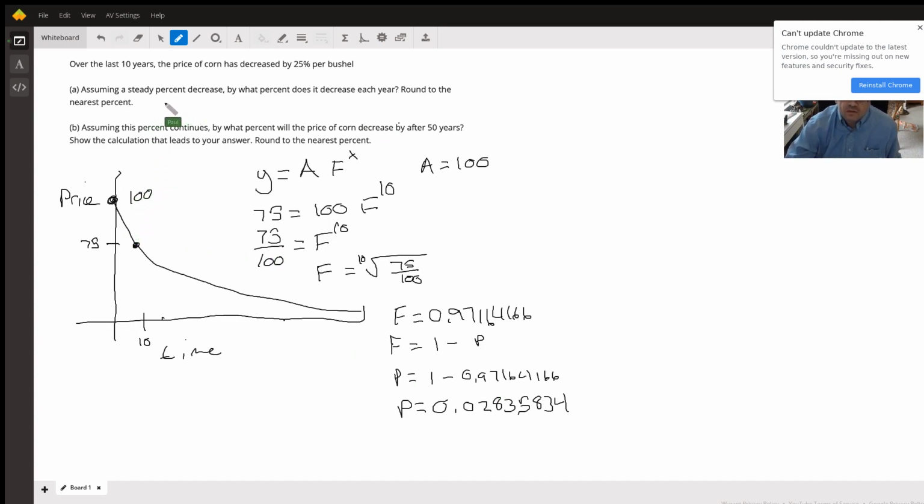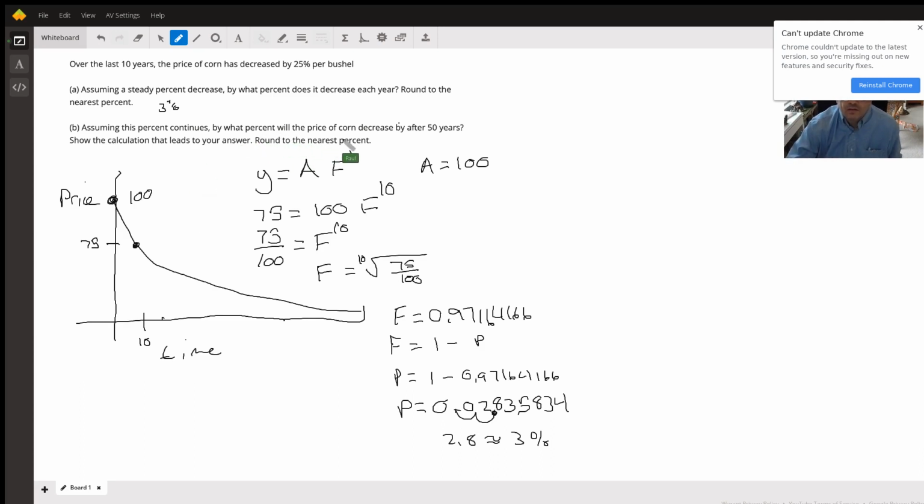So that means it's going to decrease by 2.8, or if we're rounding, 3%. Because we want to make it into a percent, so we move our decimal place, and then we can see it's 2.8, and they just want it to the nearest percent, so it's 3%.